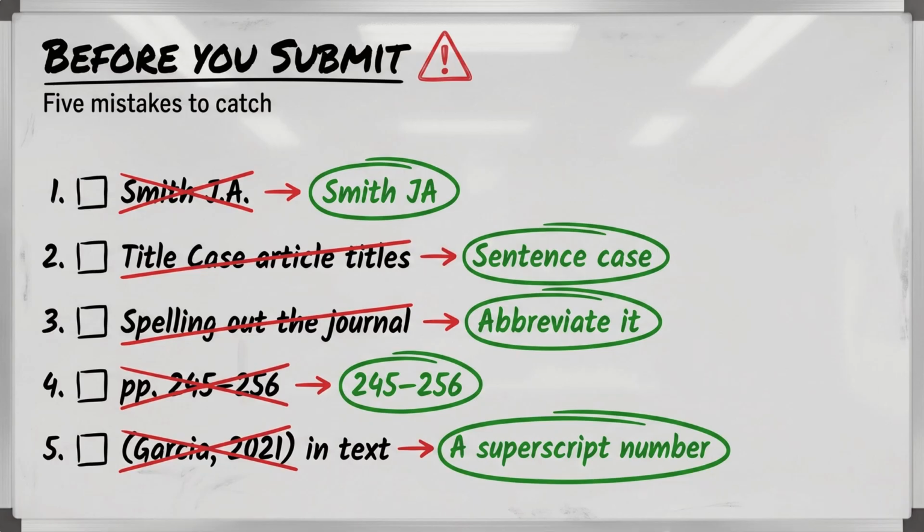Third, make sure you abbreviate any journal names you've spelled out. And fourth, delete any PP before page numbers. And finally, replace any APA-style author year citations with a superscript number. These 5 checks will help you master AMA style, and they're exactly what your practice set will focus on.